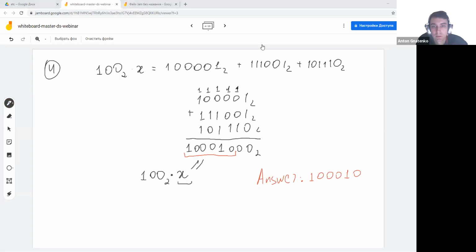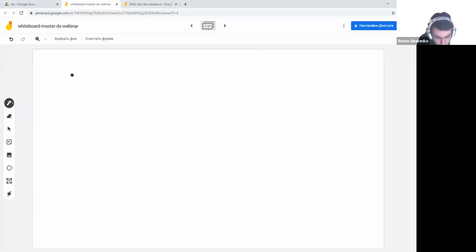So I hope that it was clear, since there are no questions, but you are free to ask them. Let's move to the next problem, problem number 5, where we are given a system of linear equations. It's 4x minus 5y equals -1, and 7x minus 9y equals 1.